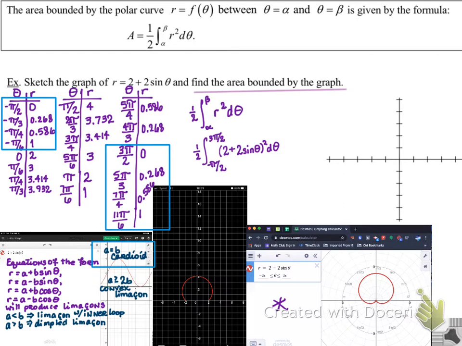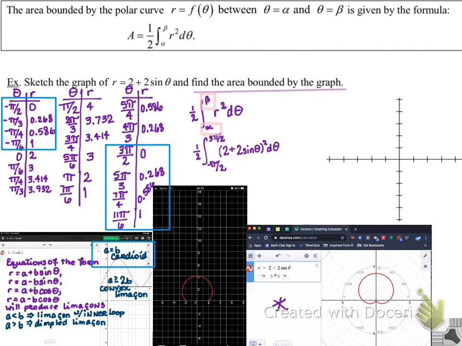When you attempt the assignments that are in front of you, you're going to see that the hardest part is going to be figuring out the bounds of the integral. I am speaking about this little alpha and beta.